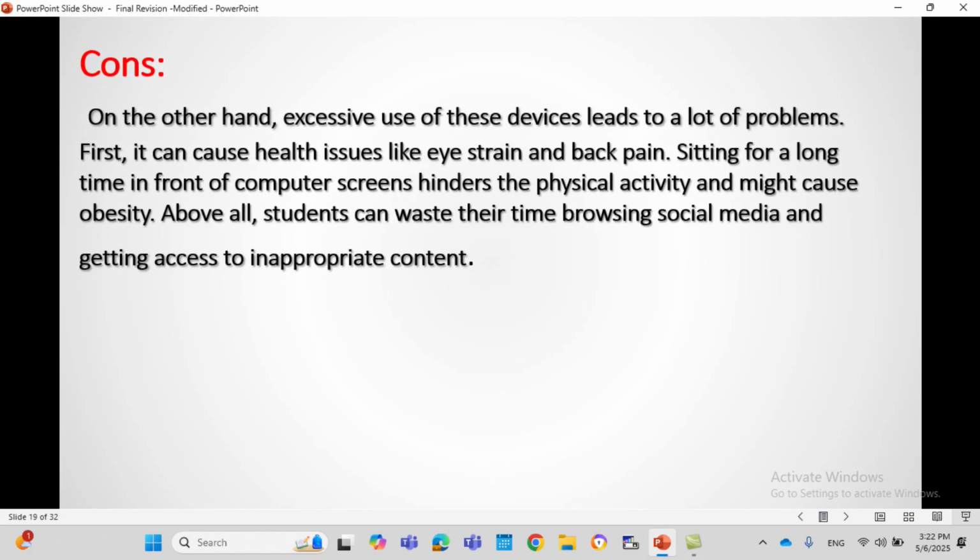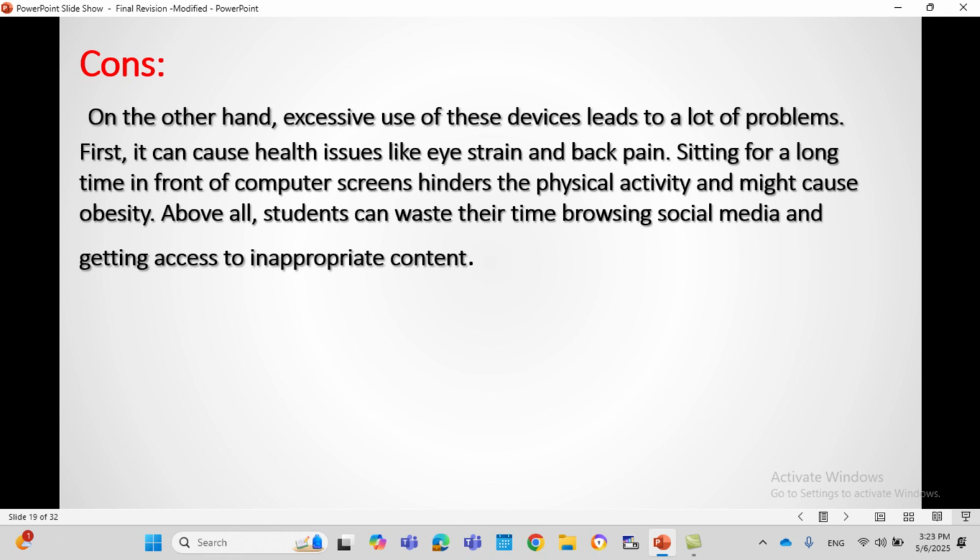Now let's come to the downsides or the cons. On the other side, excessive use of these devices leads to a lot of problems. The word excessive means overuse. If you use something too much, you say excessive use. Okay? And here the writer is listing the problems of overuse or misuse of these devices.